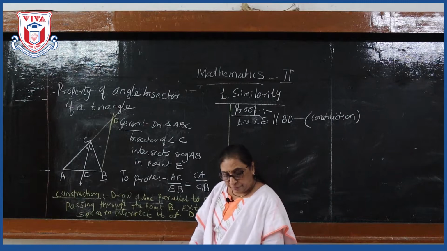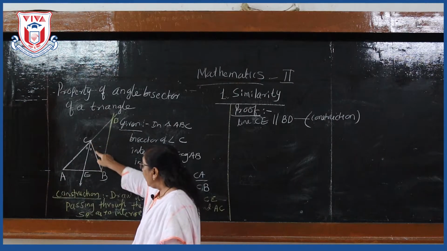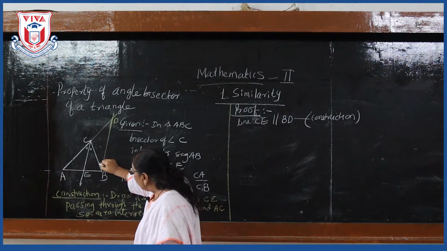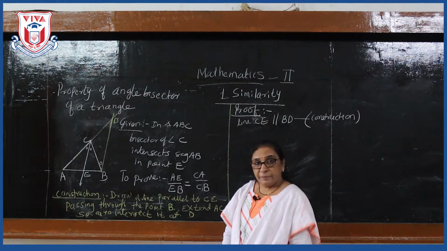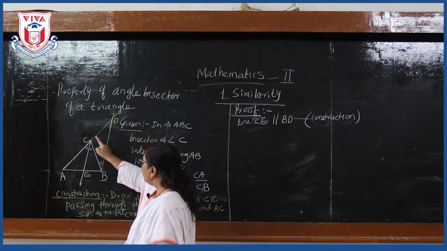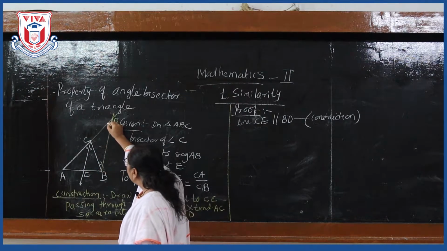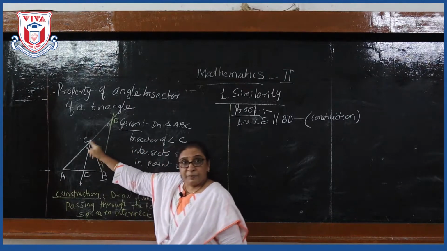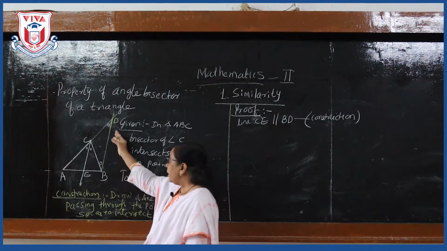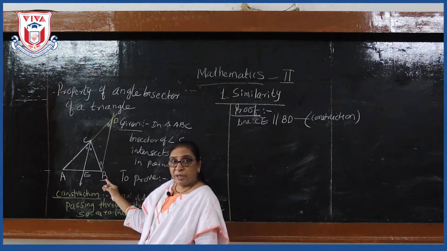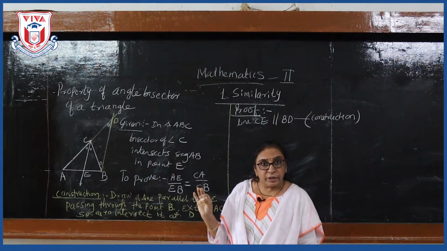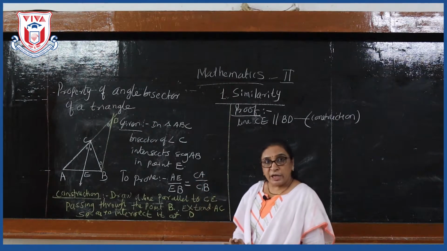Now if you see angle CEB and angle CBD, this is the alternate angle pair. And angle ACE and angle CDB is the corresponding angle pair. And we know that for the angles made by a transversal on two parallel lines, the alternate angles are congruent, and corresponding angles are also congruent.